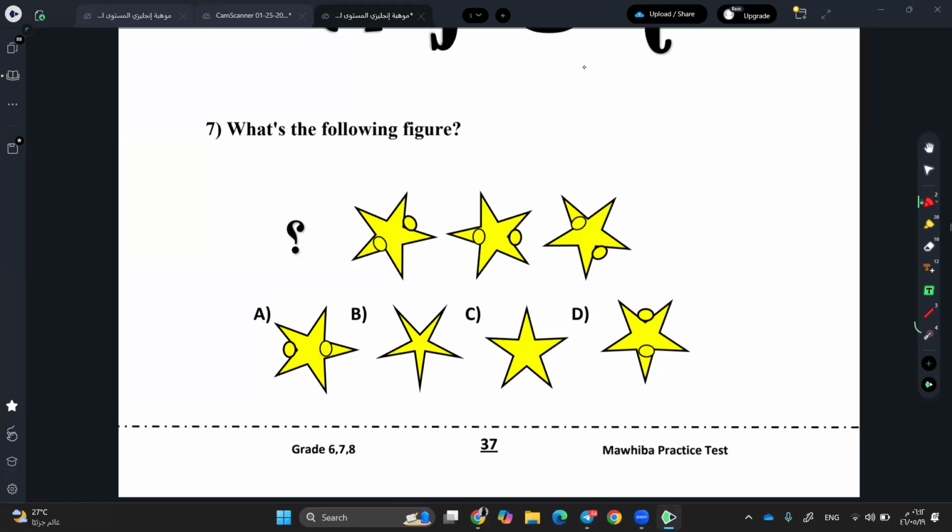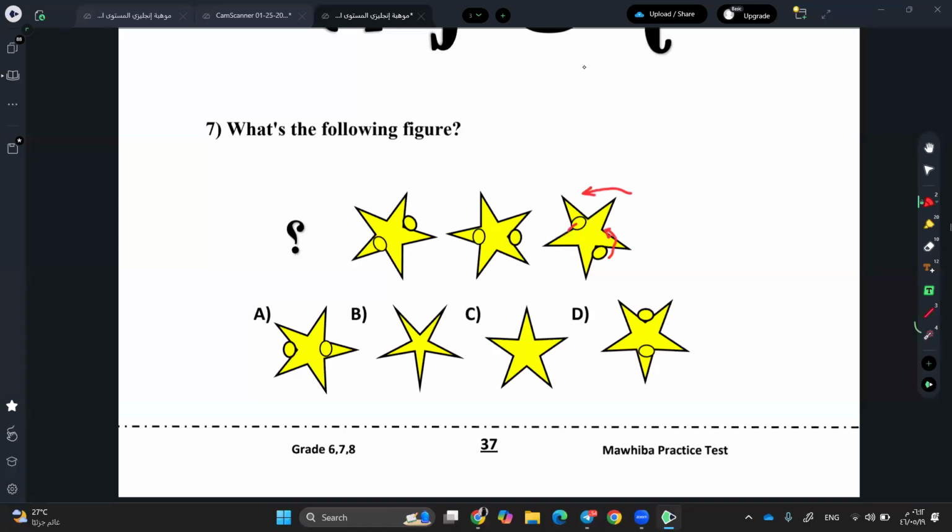Yes, please. Okay, so first the star will be rotated like that, one step. And also this ball will be right here, and this ball will be right here. Not in this corner, in that space.